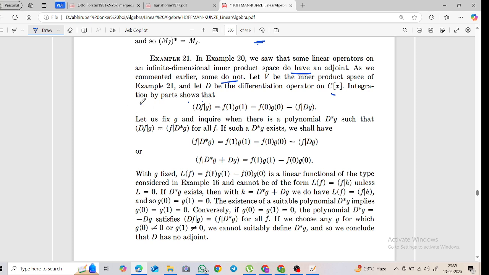So they are saying that you do this inner product f prime g and all that. After doing all this, you end up getting this. Let us fix g and inquire whether there is a polynomial D star g such that Df inner product g is this. Okay.